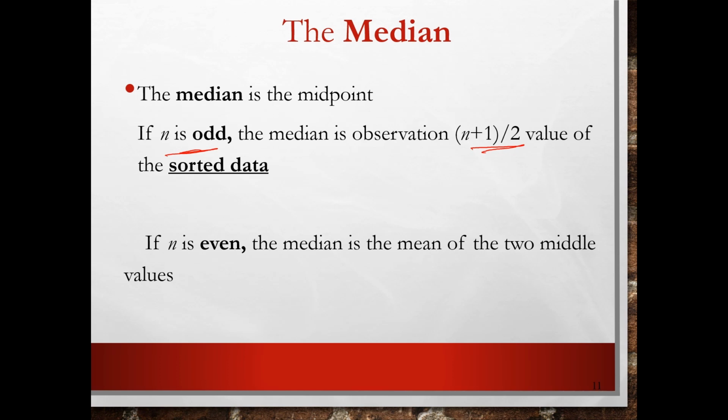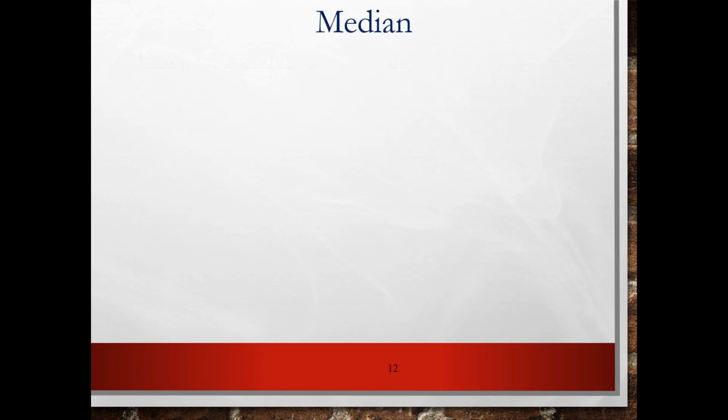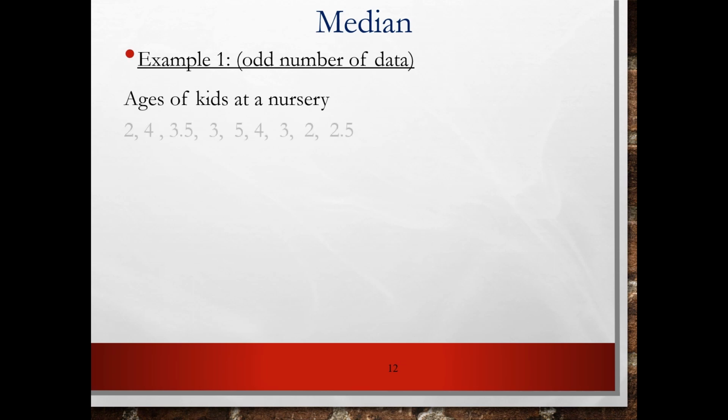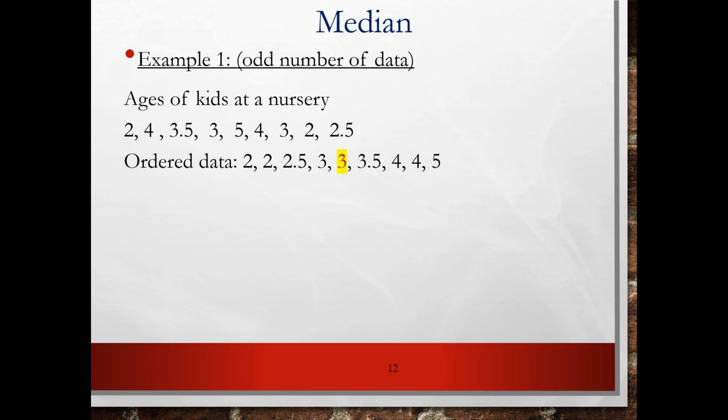That is, you add up the two middle values and divide by 2. For example, here in the first one, we have an odd number of students, so we get 4 values here, 4 values to this side, because there are 9 observations. So we have the middle as the (n+1)/2-th value.